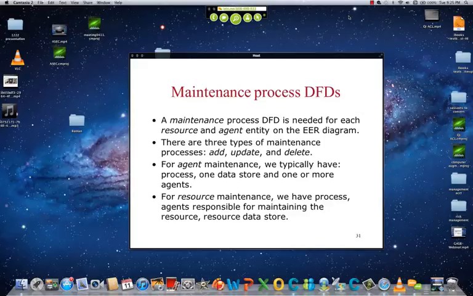Okay. So now again, here I put how you should do it. If you have an agent, you would have a process, something like maintain agent table, whatever, maintain employees. Okay, you would have a data store which would be associated with this agent, say employees, and you will have another agent, say managers, which would maintain the tables, right?